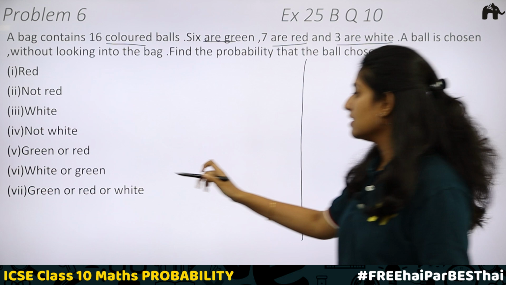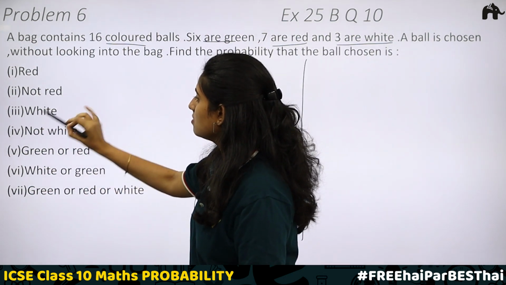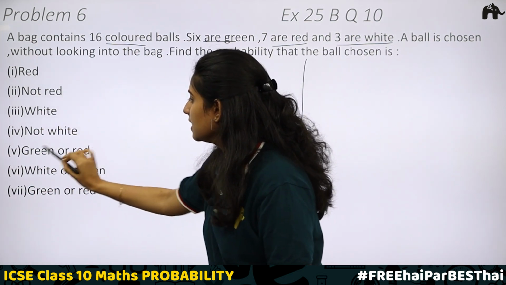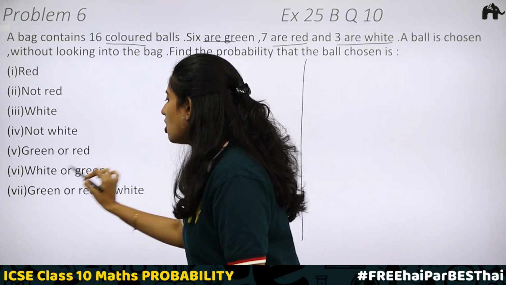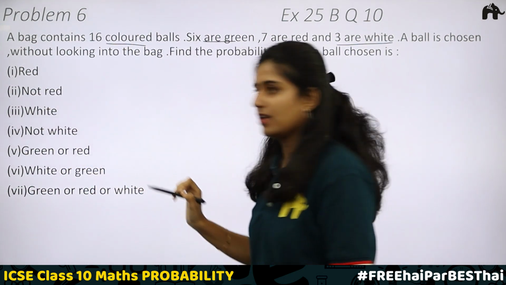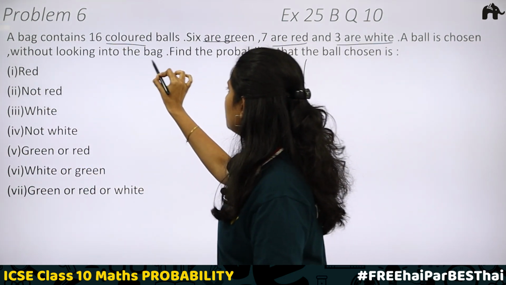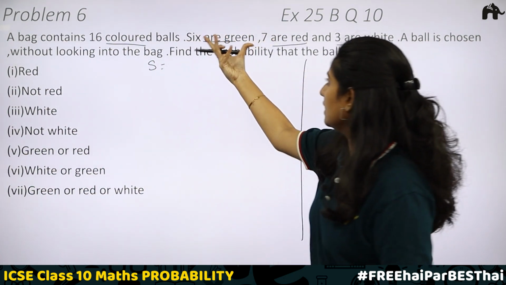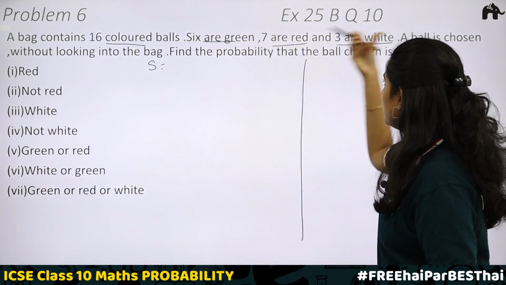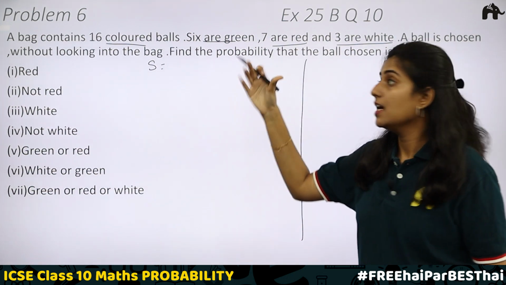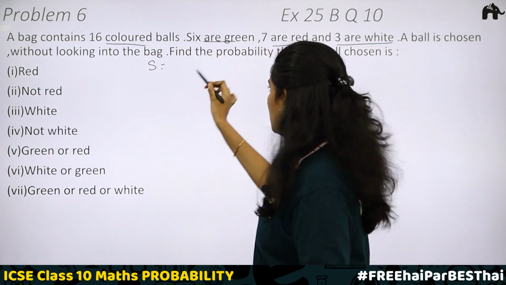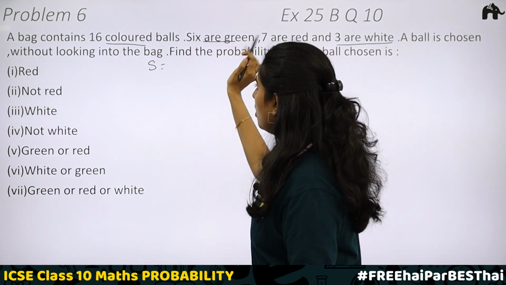Here again you have 7 sub-questions: red, not red, white, not white, green or red, white or green, green or red or white. Okay, here the sample space will include all these green balls, all these red balls and all these white balls. That is the total colored balls. Sample space will include all these.